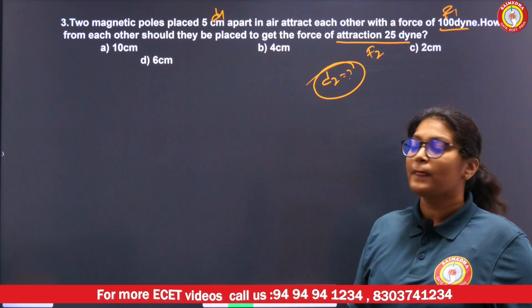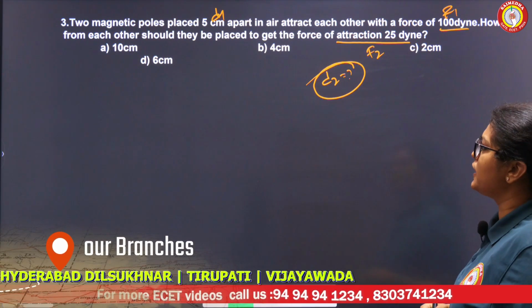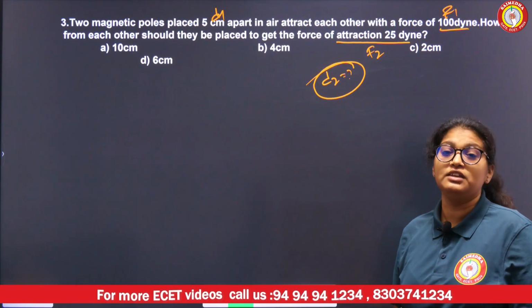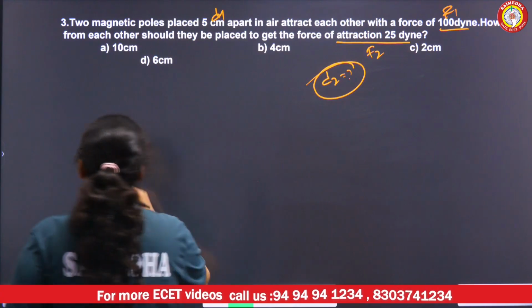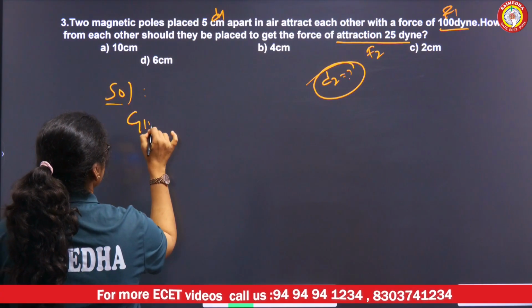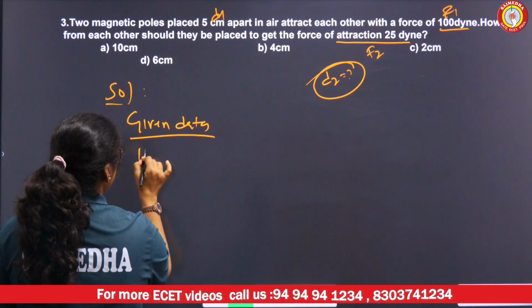So on which basis can we find this? We can find this on the basis of the inverse square law. First, before that, we'll write the given data. What is the F1 force?